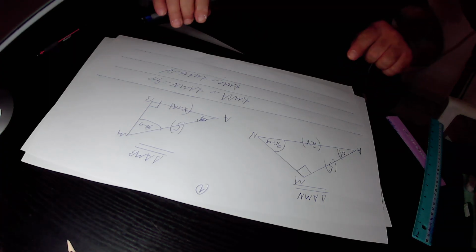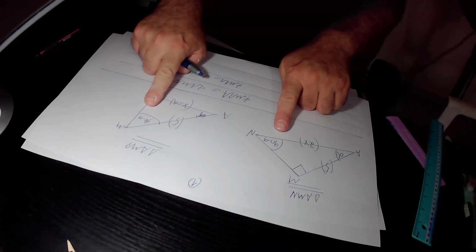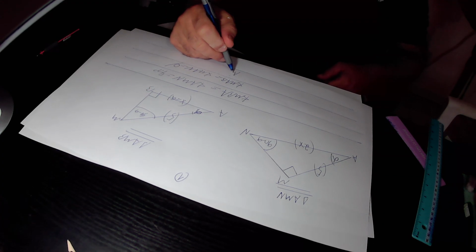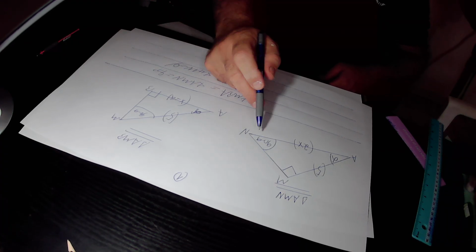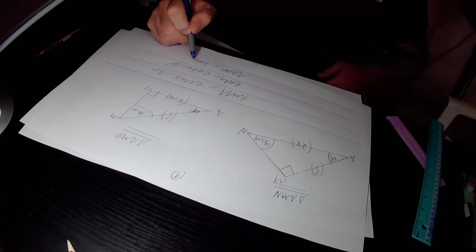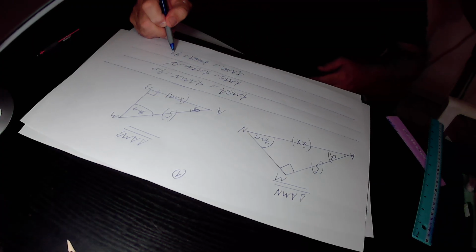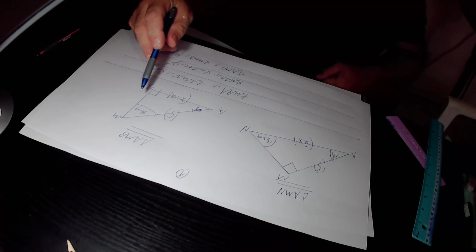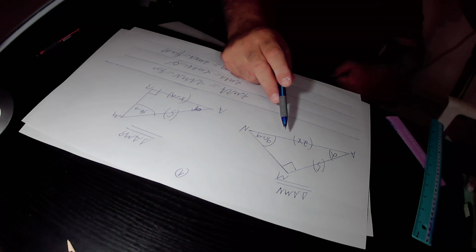And finally, those two angles are both equal to 90 degrees minus alpha, therefore they are equal to each other. This is angle AMB in the right triangle AMB, and it is equal to this angle, angle MNA in the right triangle AMN. They are both equal to 90 degrees minus alpha, therefore they are equal to each other. So we proved that all the angles in the right triangle AMB are correspondingly equal to all the angles in the right triangle AMN.